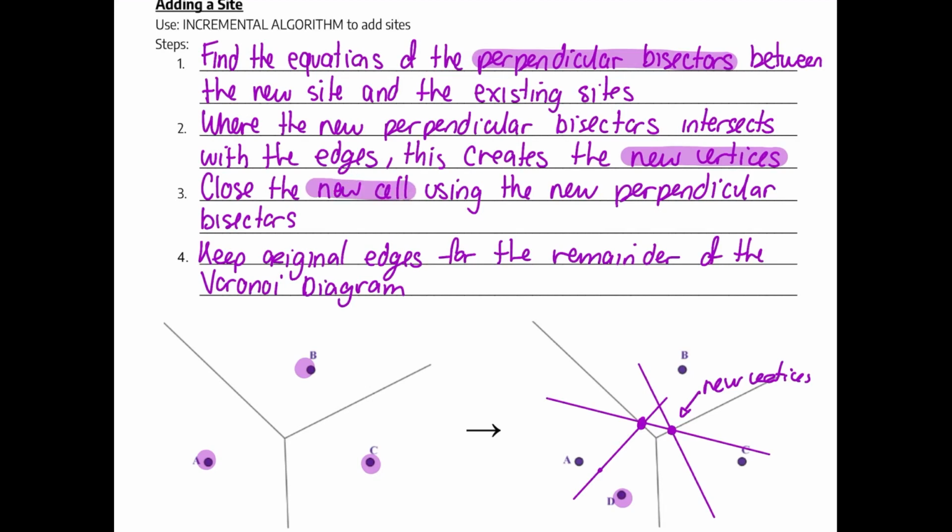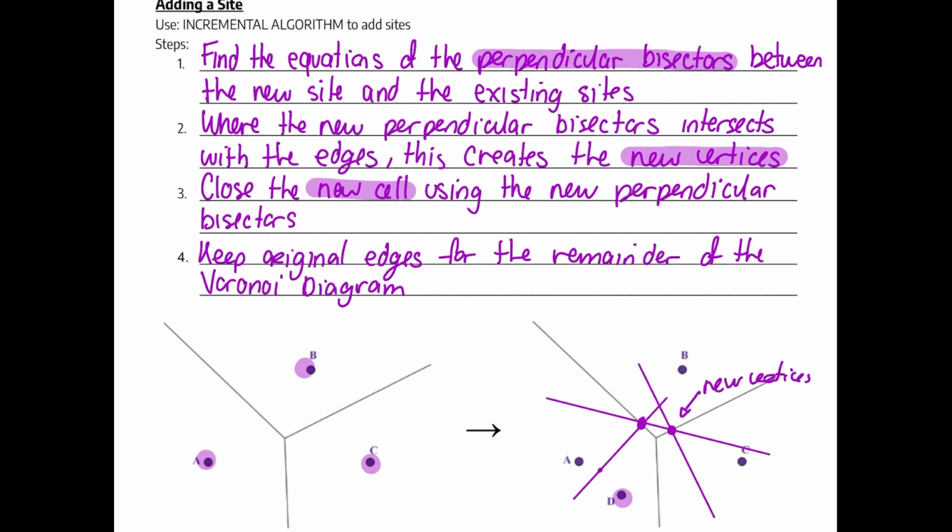And the way that we create the new cell is that we look at the new site, D, and we want to enclose D so that it's all alone in one cell. And in order to do that, we can only use the perpendicular bisectors involving D. So that means the new perpendicular bisectors will be what is the cell for D.